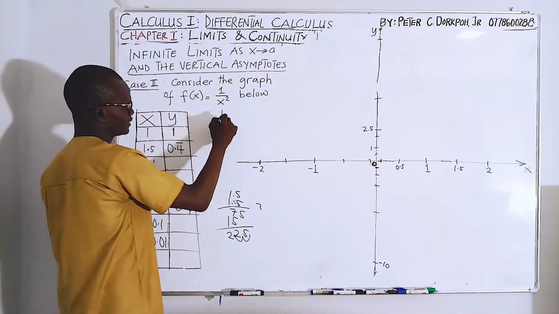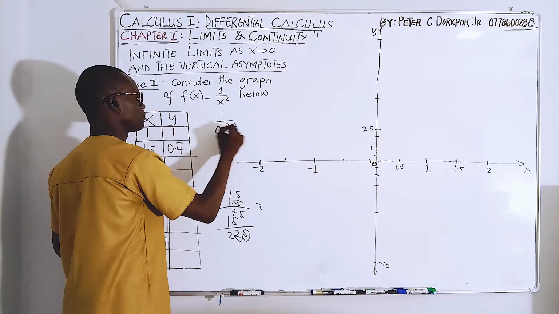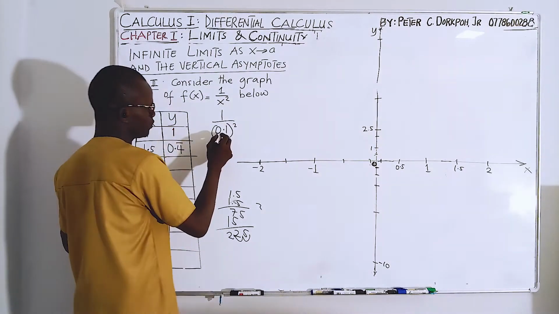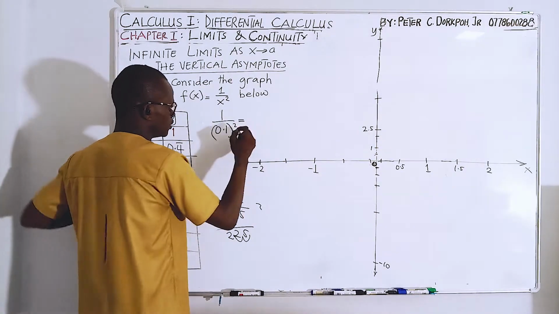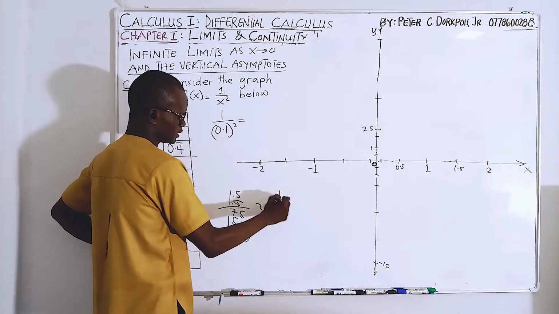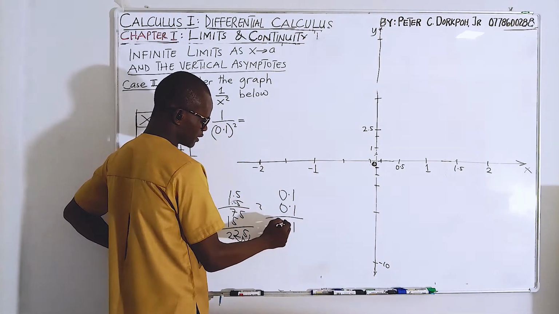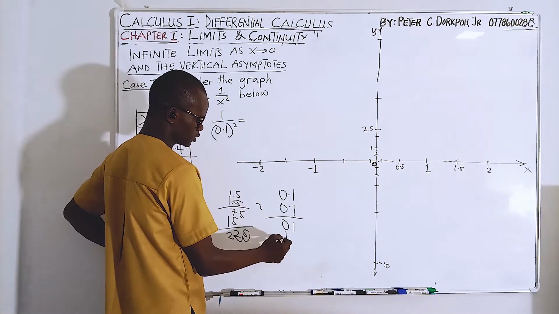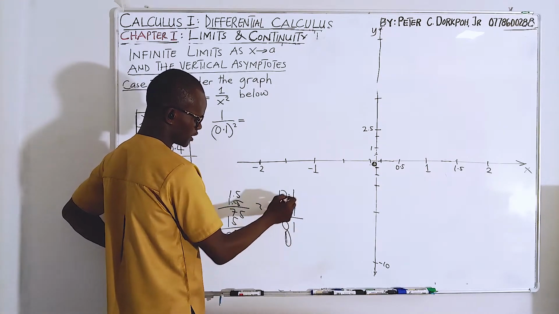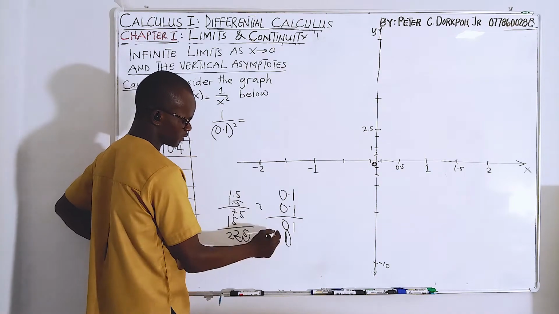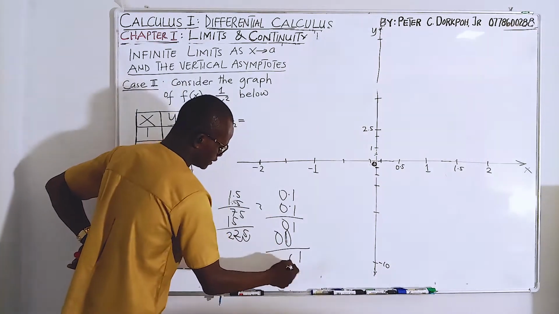Now, when x is 0.1, what do we have? We expand this 0.1, that is to say we multiply 0.1 by itself. So 1 times 1 is 1, 1 times 0 is 0, 0 times 1 is 0, 0 times 0 is 0. So we're going to have 1, 0, 0.